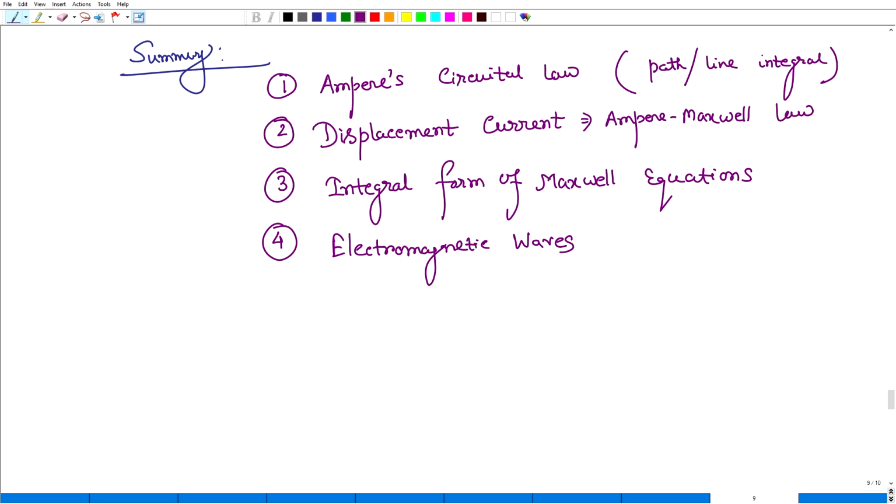In the next class we will discuss radiation pressure, and also the energy density when electromagnetic waves propagate. So we have to calculate that energy density, and also we will discuss radiation pressure, and then we will discuss the various ranges of electromagnetic radiation.